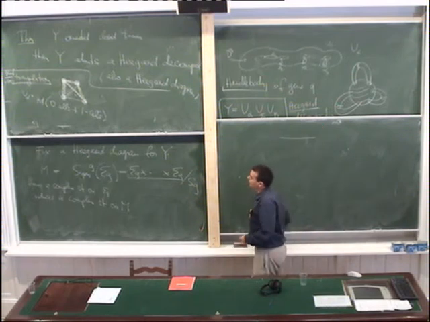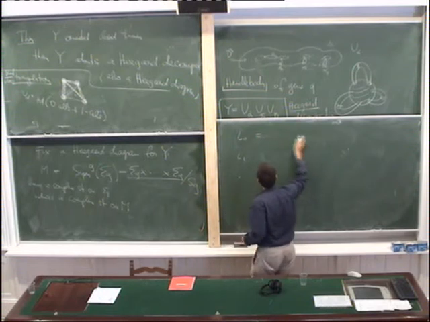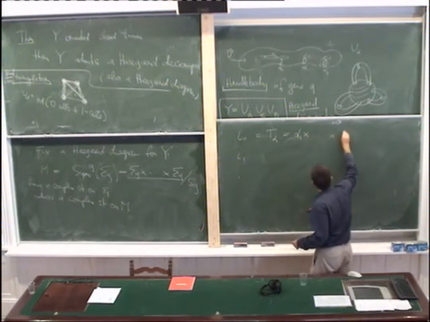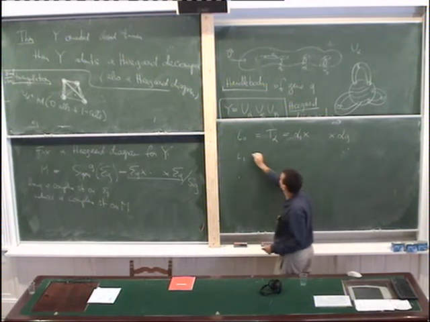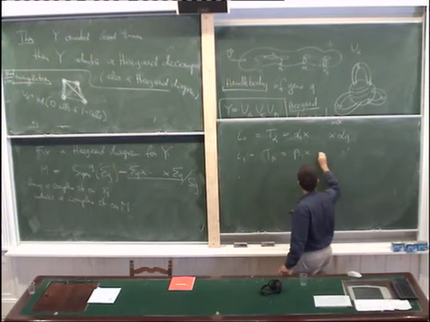And instead of L0 and L1, we'll call these T alpha, which will be the product of the alpha circles, and T beta, which is the product of the beta circles.